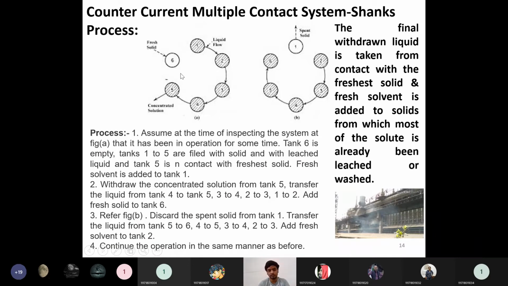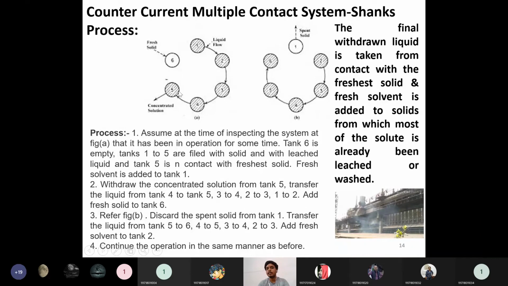Then the fresh solids come into tank 5. The solvent in tank 1 is transferred to tank 2, the solvent in tank 2 is carried to tank 3, and similarly 3 to 4 and 4 to 5.